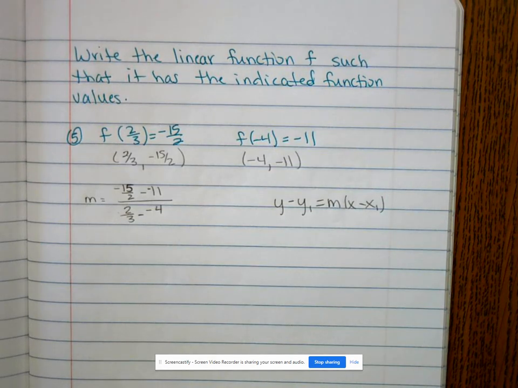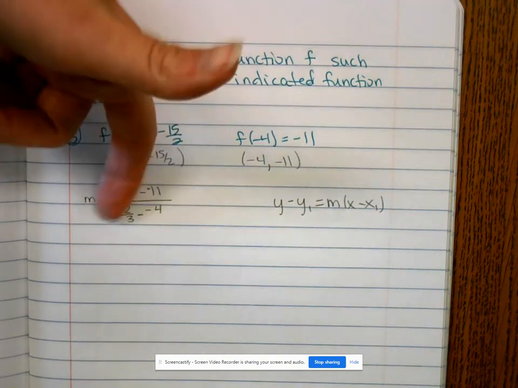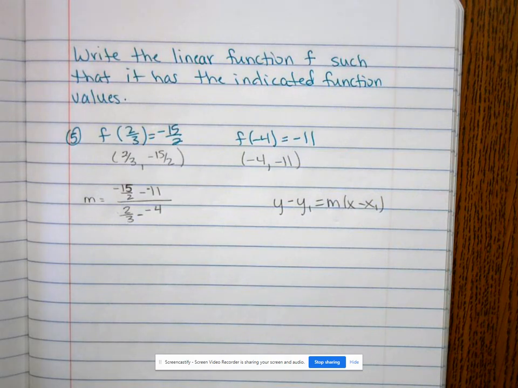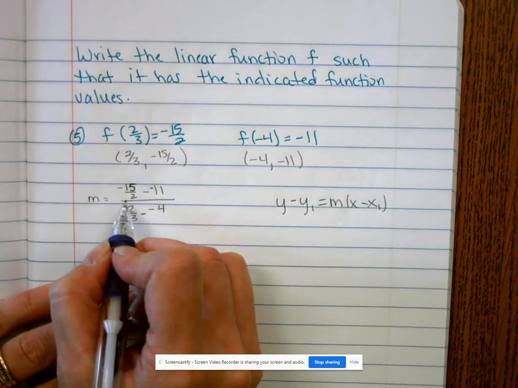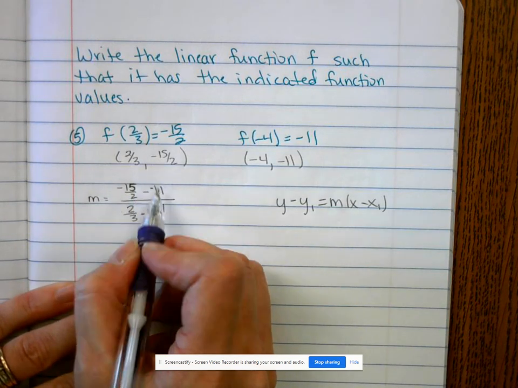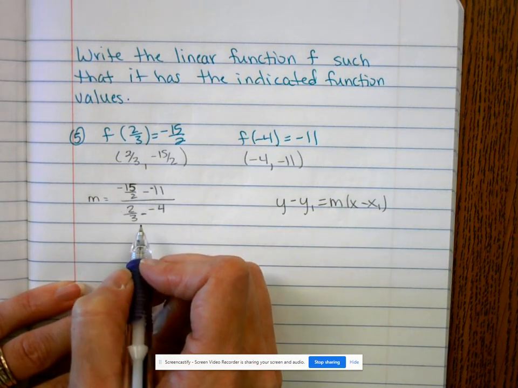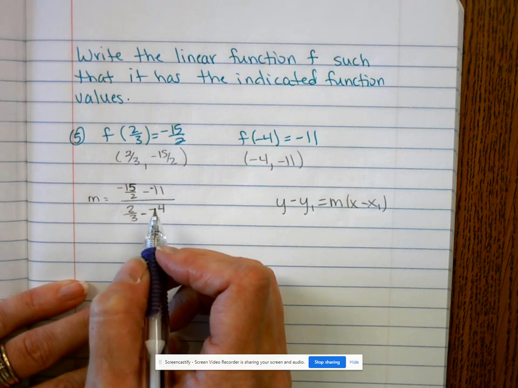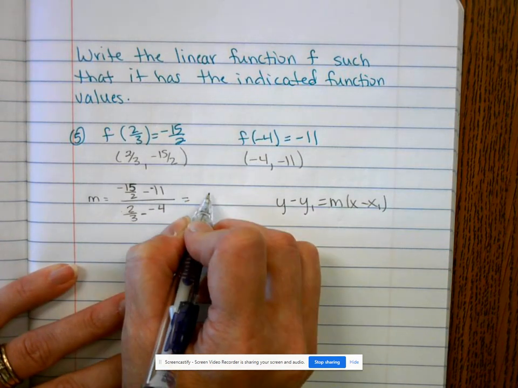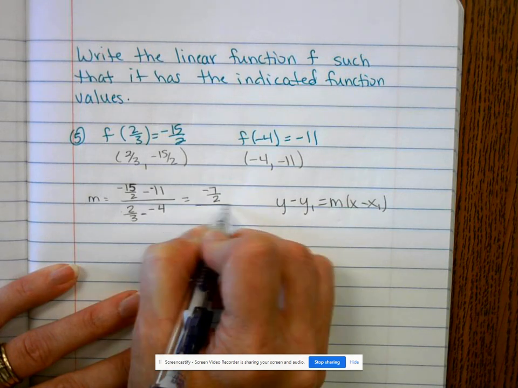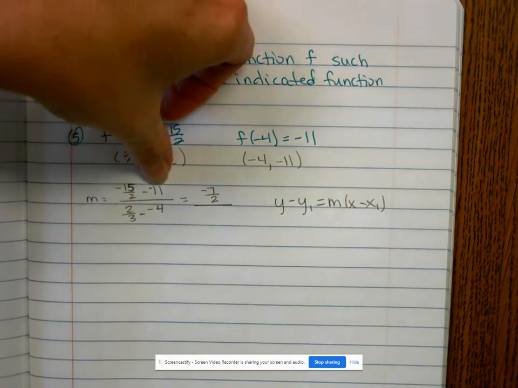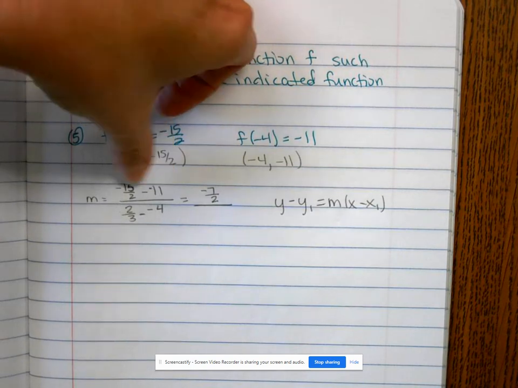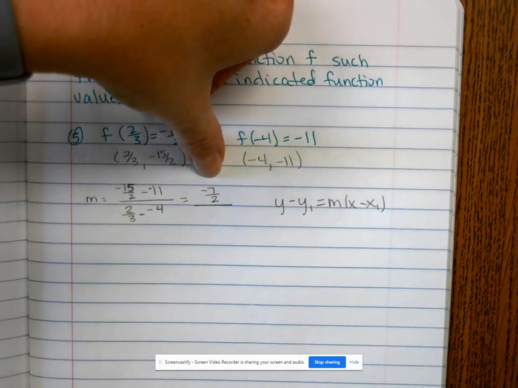The order of these doesn't matter. You could have written -11 minus -15/2. Either way is fine. If I do -15/2 minus -11, that's -15/2 plus 11, which is going to work out to be -7/2, because you can call this 22/2, and so -15 plus 22 is -7.